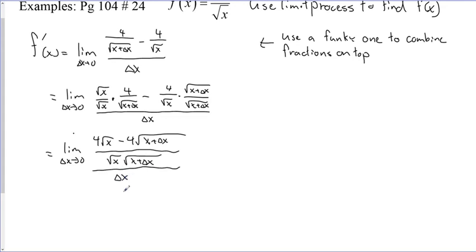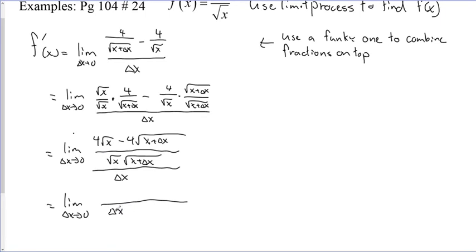And that's still all over delta x. Now, when you have a fraction divided by a whole value, it'd be like delta x over 1. We flip it and multiply. We can move that to the bottom. So in that case, I'll have the limit as delta x goes to 0. I'm just going to do the bottom here real quick. So this delta x moves down to the bottom of this fraction here.